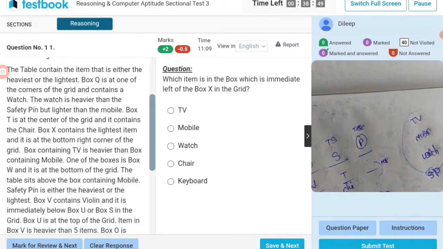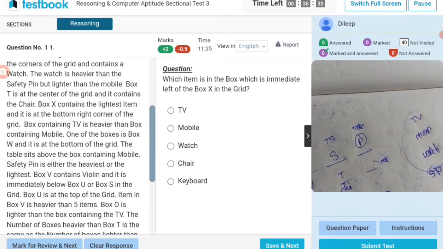And W, one of the boxes is W at the bottom of the grid.